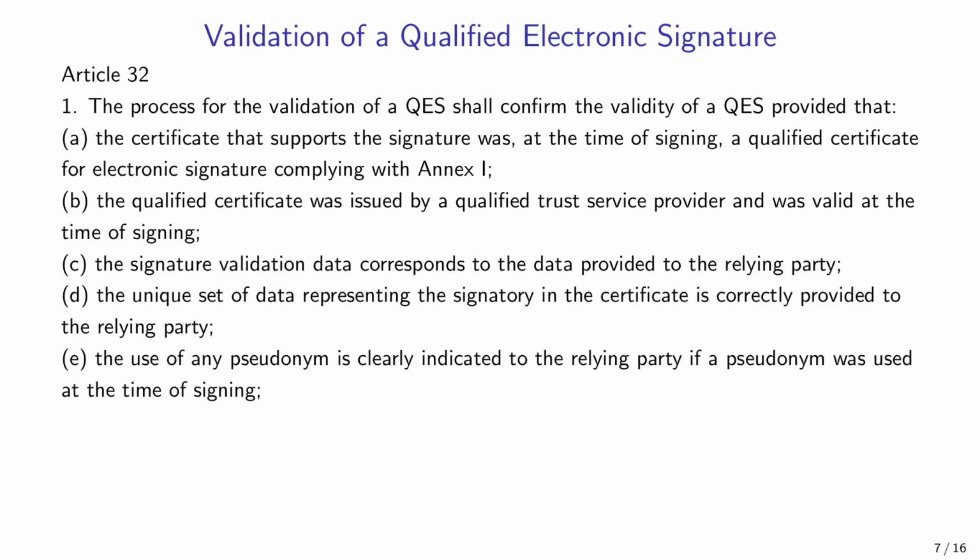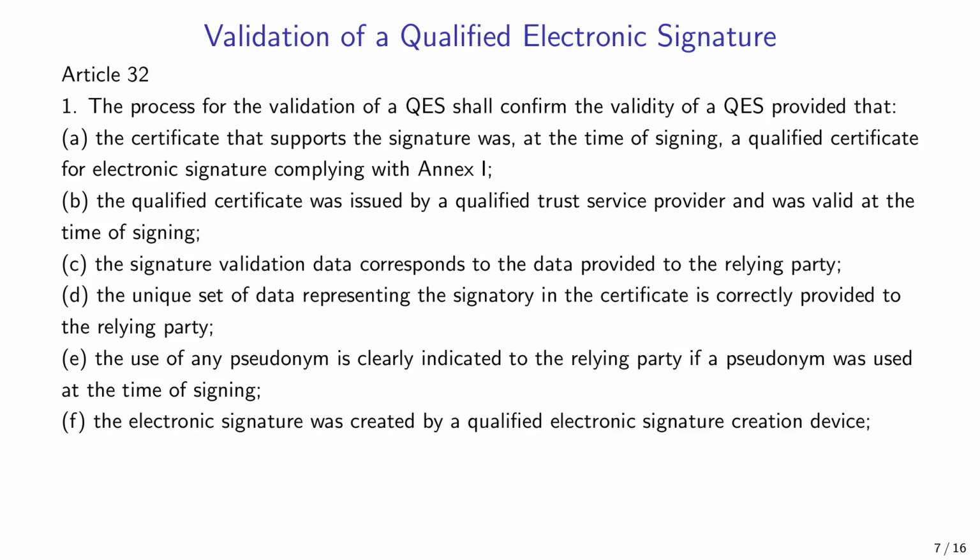E, the use of any pseudonym is clearly indicated to the relying party if a pseudonym was used at the time of signing. This is not too relevant as pseudonyms are not used in practice. F, the electronic signature was created by a qualified electronic signature creation device. This can be easily checked as there will be a flag in the certificate stating that the corresponding private key is stored in a qualified signature creation device.